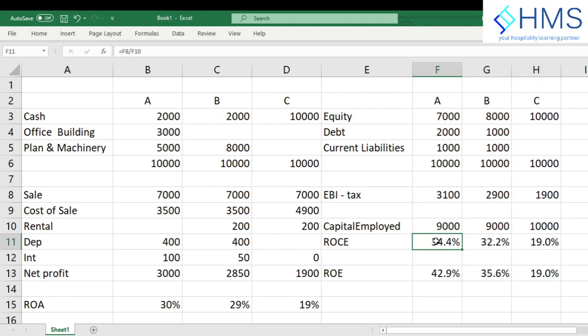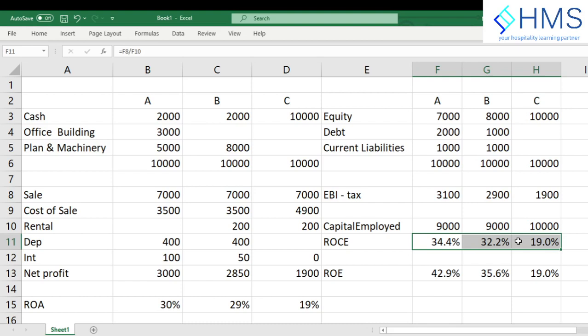So return on capital employed is used as a hurdle to check additional investment opportunities, and return on assets is usually used as a hurdle for checking the interest rates or financing options.